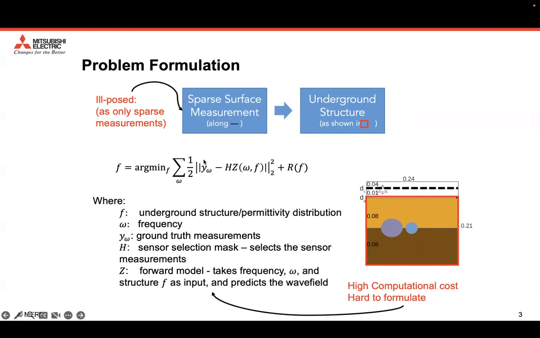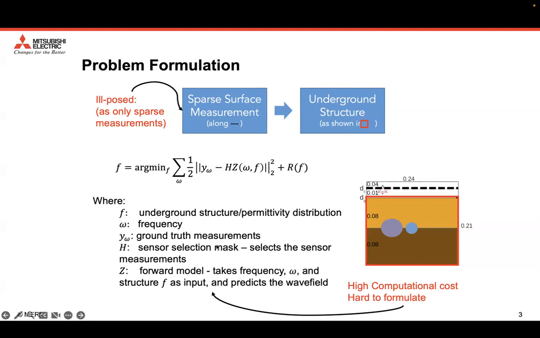We do this by minimizing the difference between y and a measurement operator h that tells us where the receiver locations are found, which multiplies a forward model that relates the material permittivity f to the total wave field that exists within the ground as a result of the pulse emitted from the transmitting antenna. So we minimize the measurement mismatch y minus hz, and we add to that some form of regularization. Classically, we would have used total variation regularization for these types of targets.